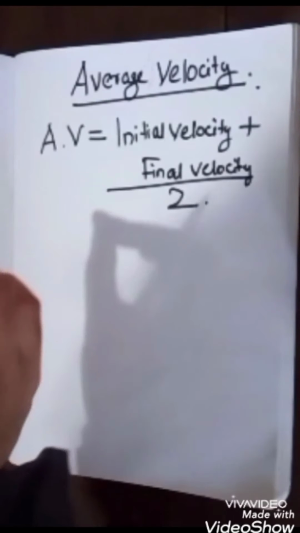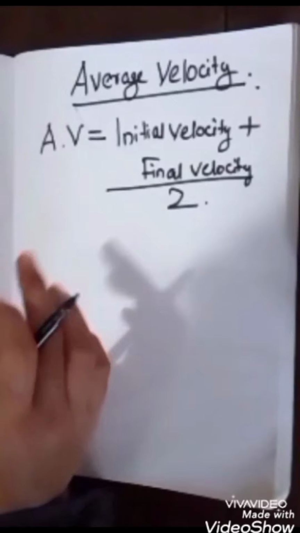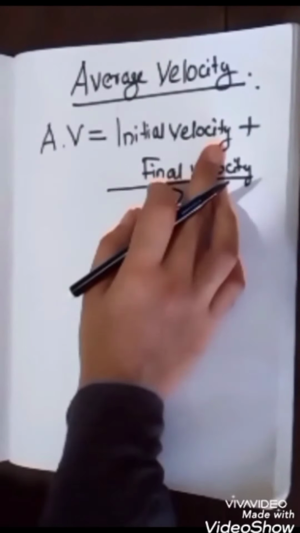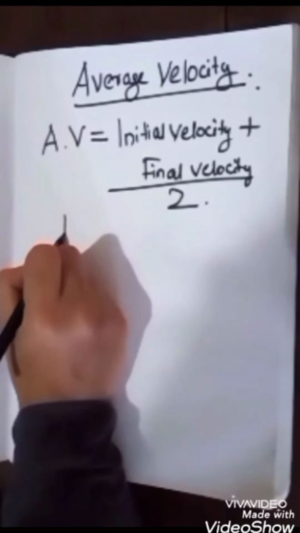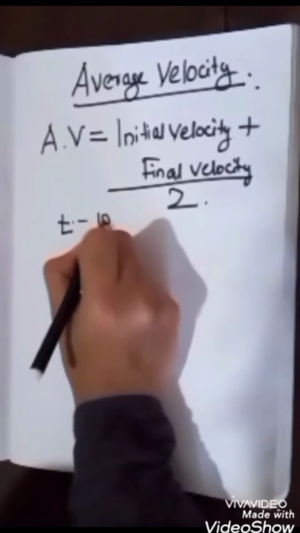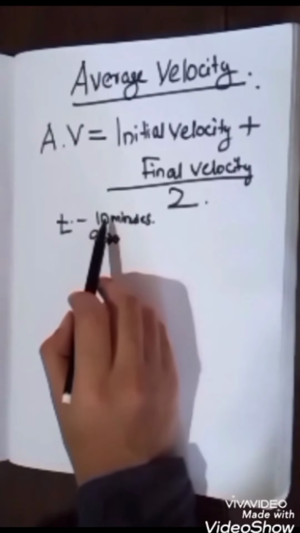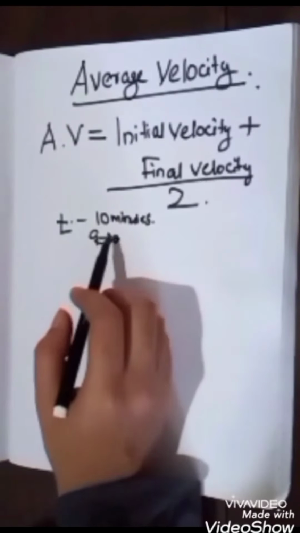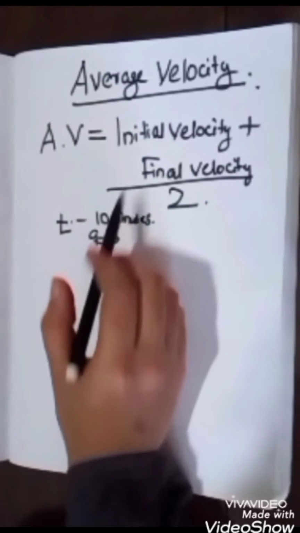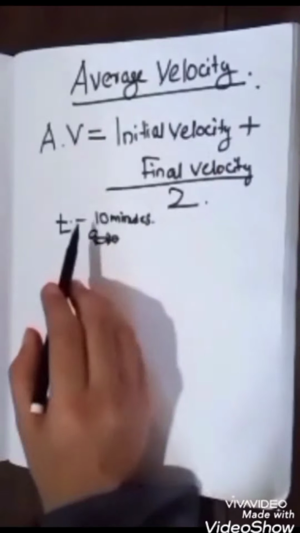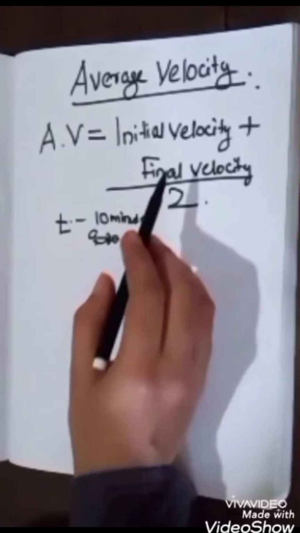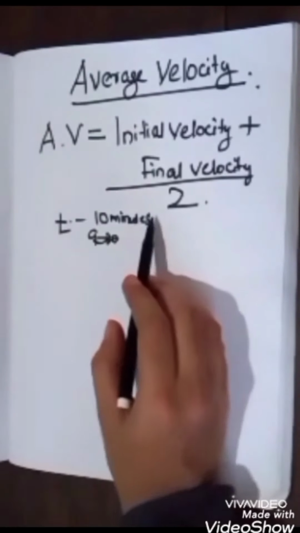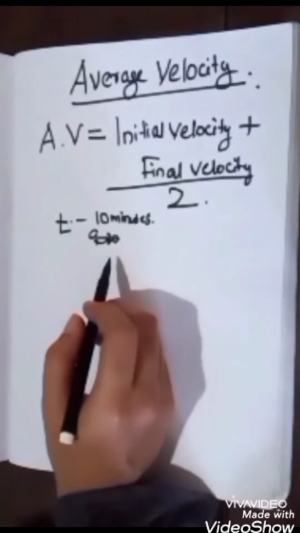If a car starts its motion, it has a velocity. That velocity is called initial velocity. When I take a time interval t, say 10 minutes, at the start of the 10 minutes the object has a velocity. That velocity is called initial velocity. At the end of 10 minutes, the object has a velocity, and that velocity is called final velocity.